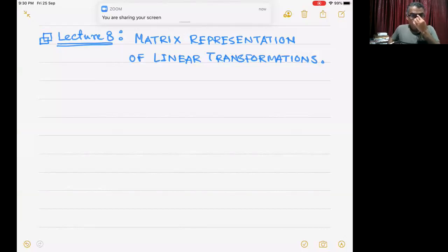So as I said, we're going to talk about matrix representation of linear transformations. Let me quickly recall what linear transformations are.